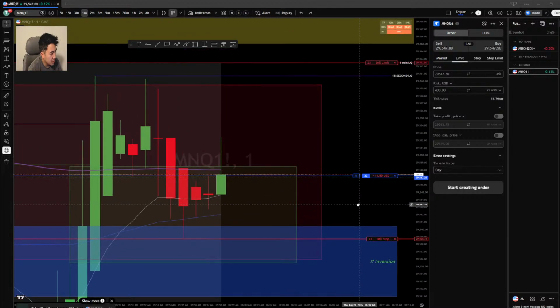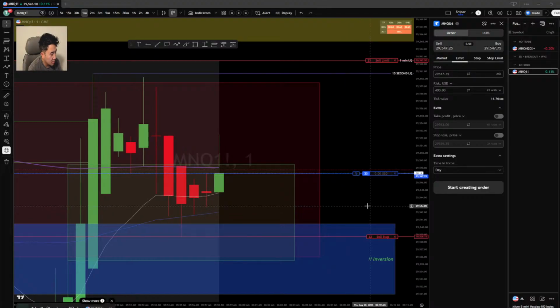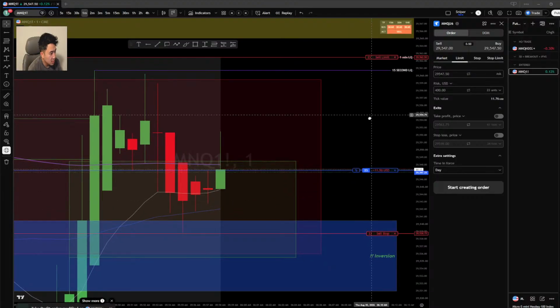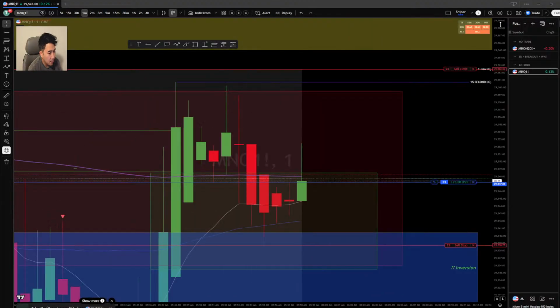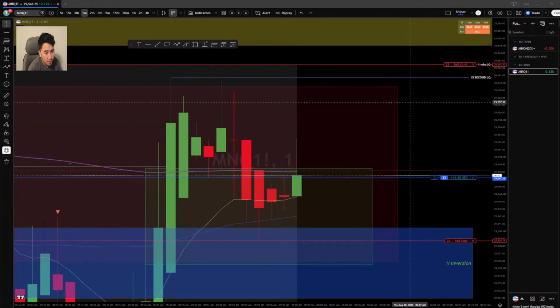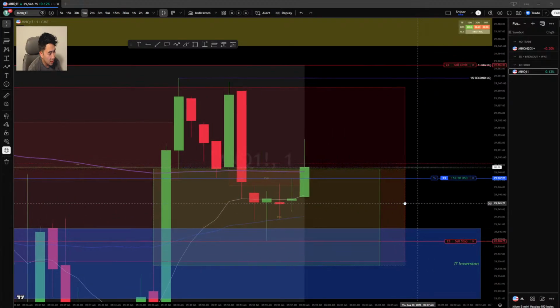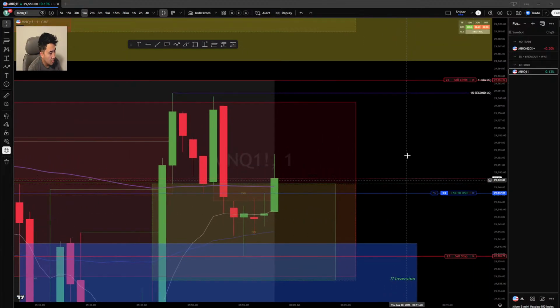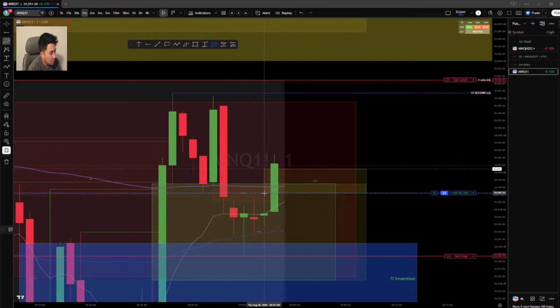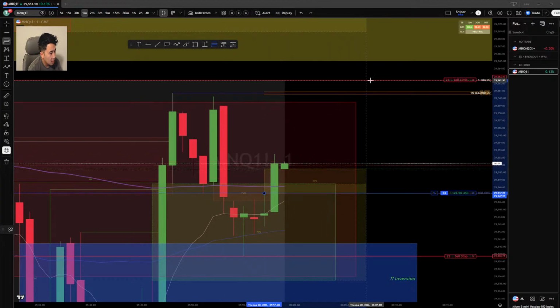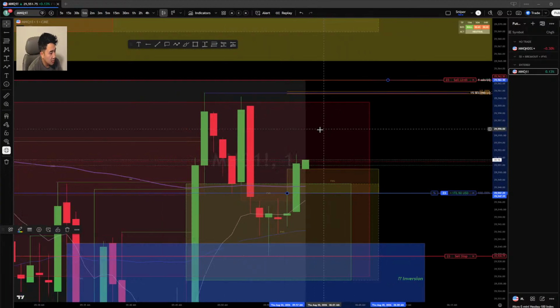Alright, tag us in. Let's see if we could get this to continue on up. Go back to the regular candles. TP up at this 1 minute liquidity up here.